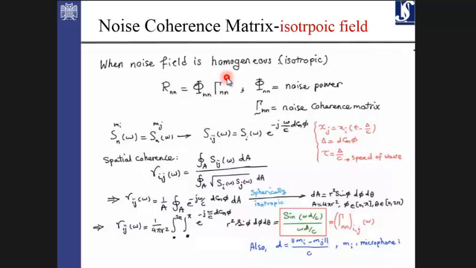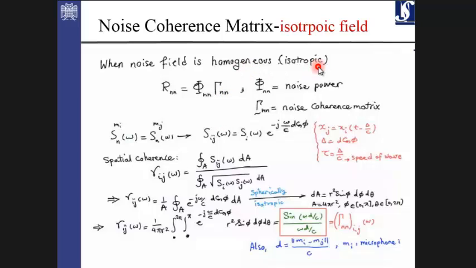So it means that this covariance of the noise is actually a constant, which is a noise power times the noise coherence matrix. Let's derive this noise coherence matrix.